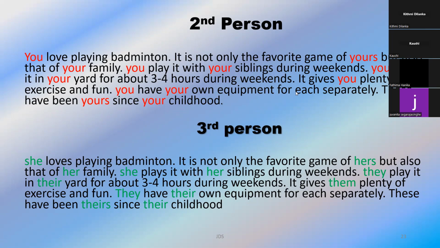Go to the third person. The initial one, she. Singular, third person, subjective pronoun. Hers, this one. It is not only the favorite game of hers, but also that of her family. Hers and then her.